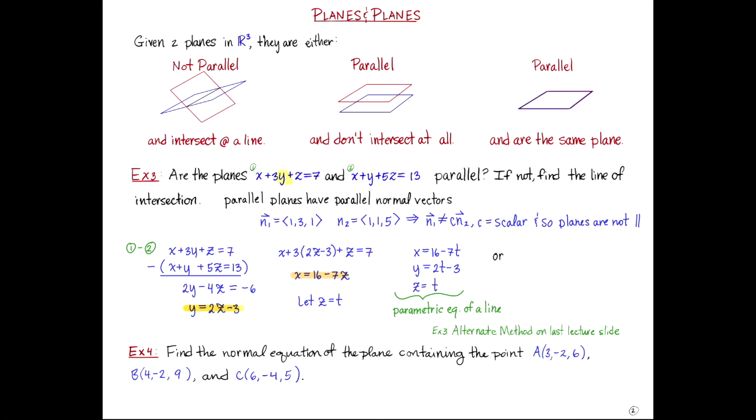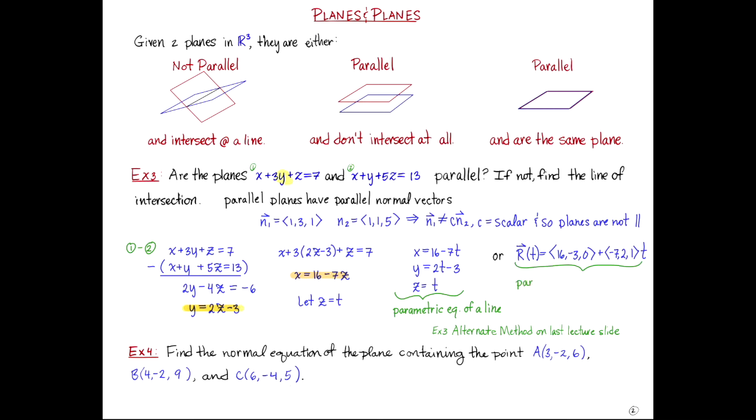Or we could write it in the parametric vector form, giving us r of t equal to 16, negative 3, 0, plus negative 7, 2, 1 times t.